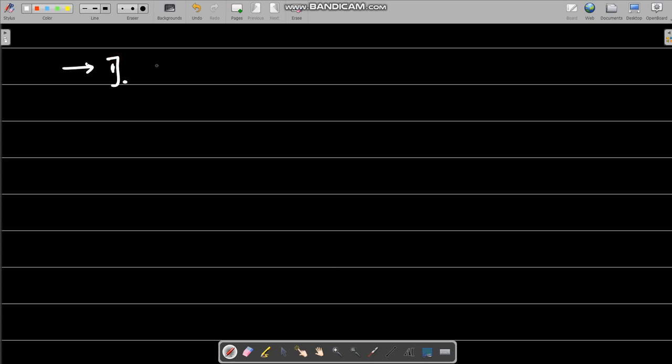So the first question is to print the absolute value. It means that if n is 5, print 5 only.